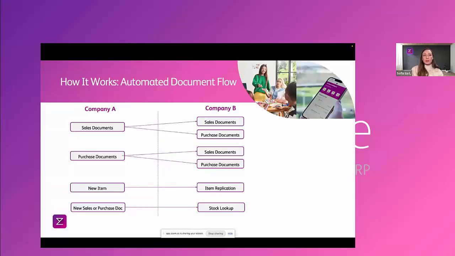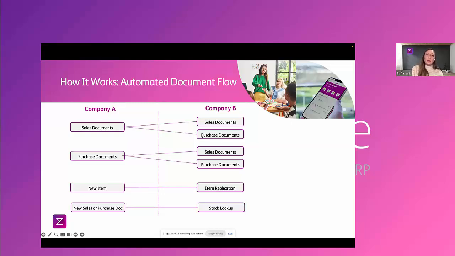So how Enterprise works is that we have an automated workflow, and this workflow works with documents and also with objects within the platform. If we have two companies, company A and company B, in the intercompany workflow, if you start with a sales document in company A, then you can automatically replicate that sales document in company B with another sales document or a purchase document.